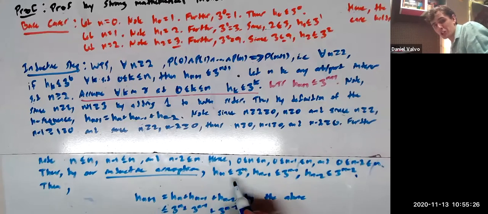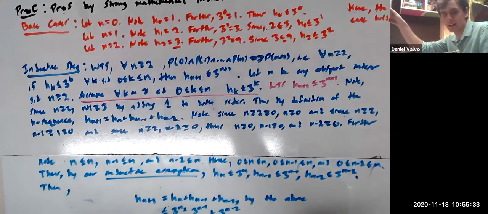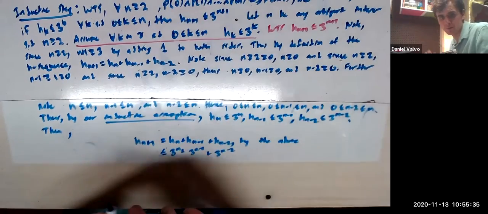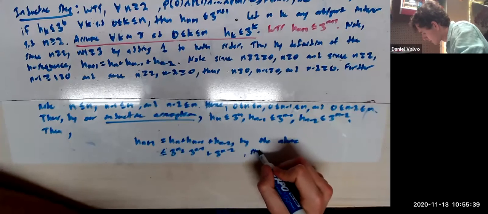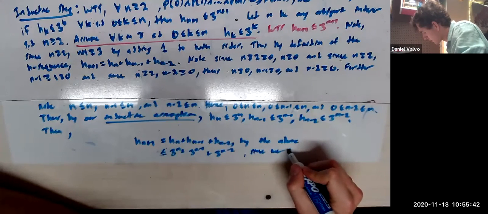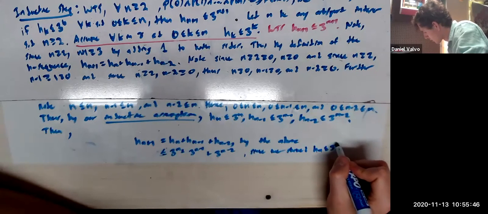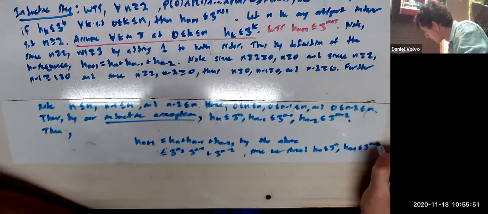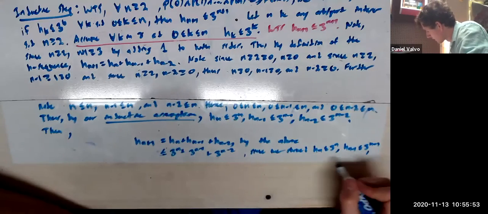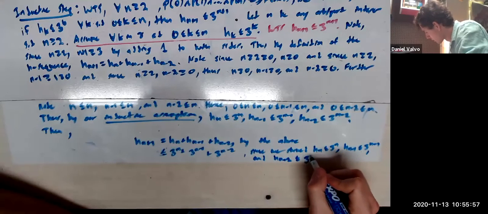We can say that because we just showed above that h of n is less than or equal to 3 to the n, h of n minus 1 is less than or equal to 3 to the n minus 1, and h of n minus 2 is less than or equal to 3 to the n minus 2.